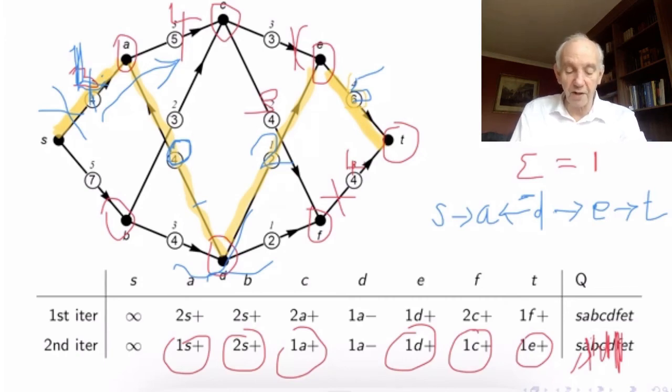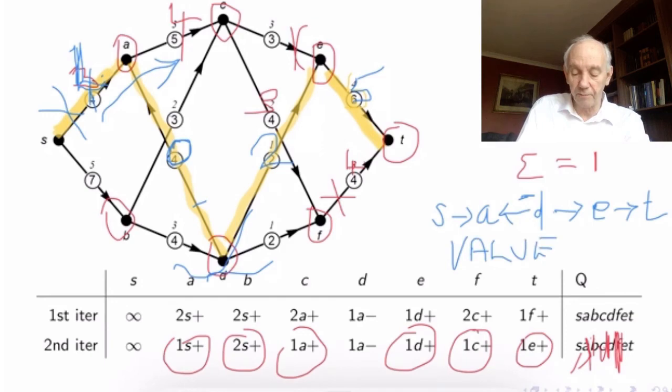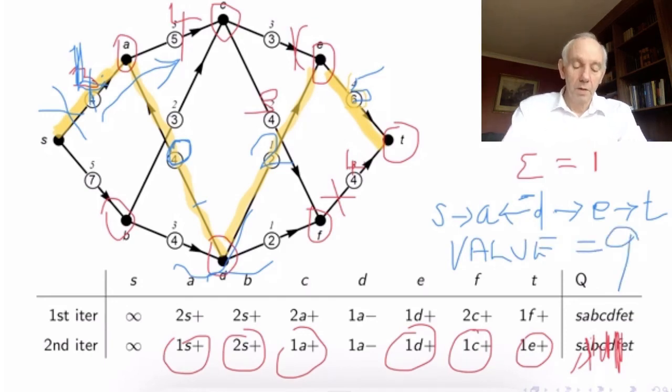You can look either at S or at T. The value of the new flow after 2 iterations is equal to 9. So we've now got a flow of 9 from the source to the sink.